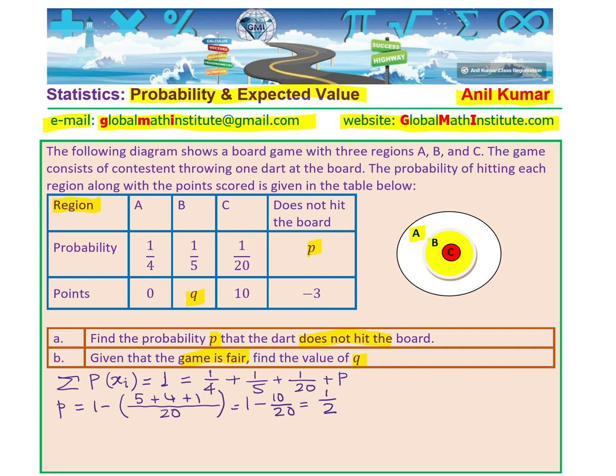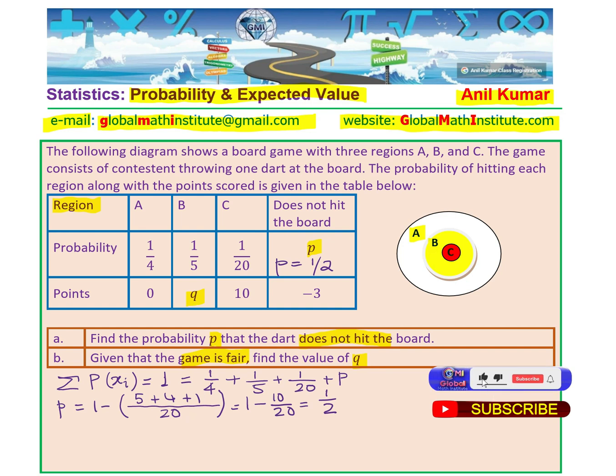And so we get the value of P. We can write P equals half. So we got the probability. There's 50% probability that the board will not be hit. Perfect. So we've done the first part.